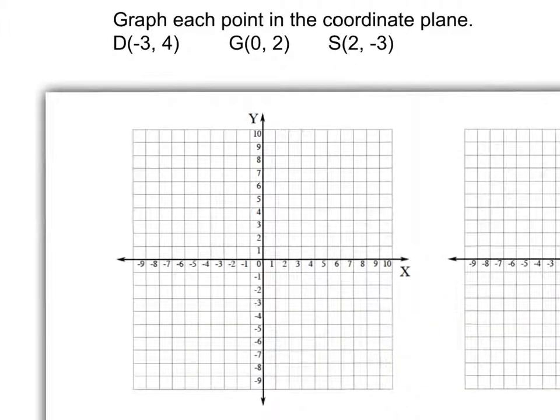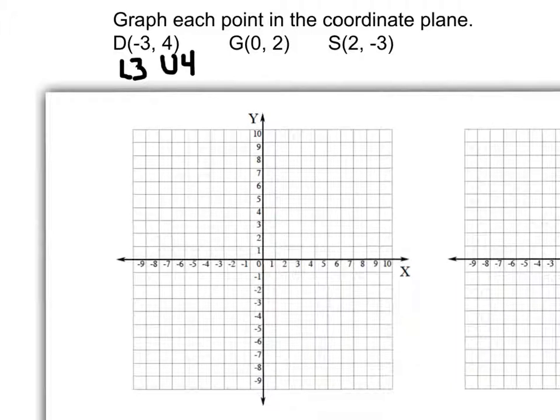Now, the directions here say graph each point in the coordinate plane. So we need to remember that the x-coordinate tells us left or right. Since it's negative, we need to go left 3, and then the second coordinate is a positive 4. Since it's positive, we need to go up 4.